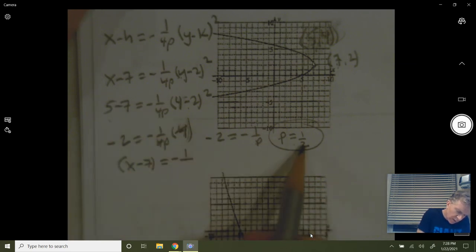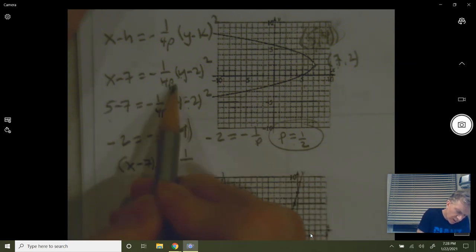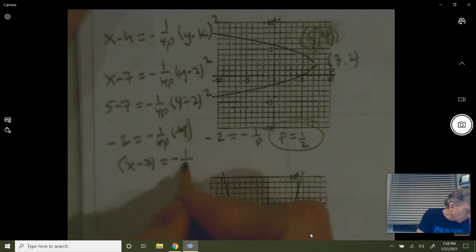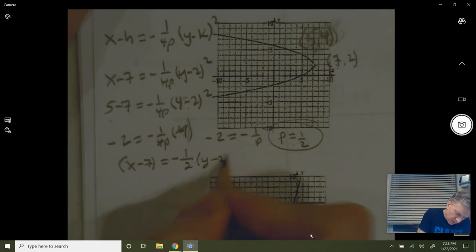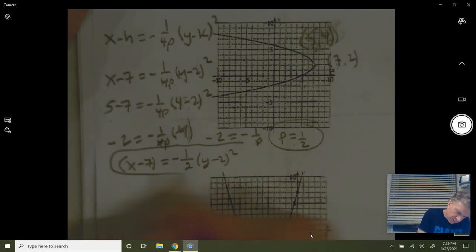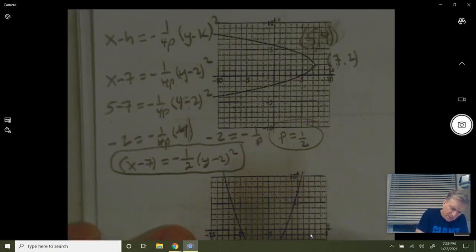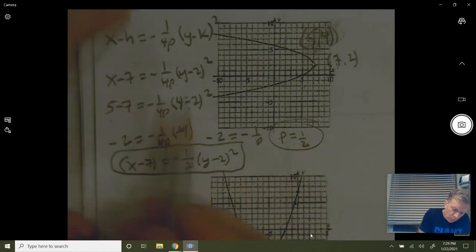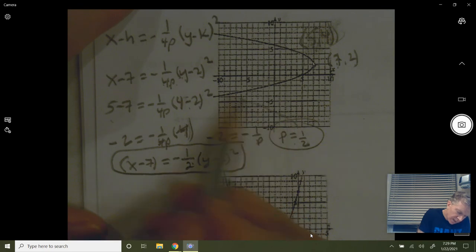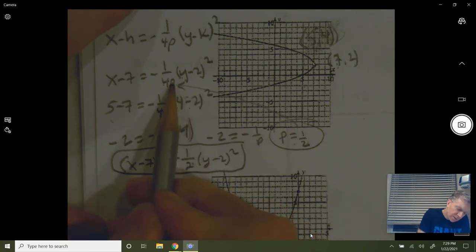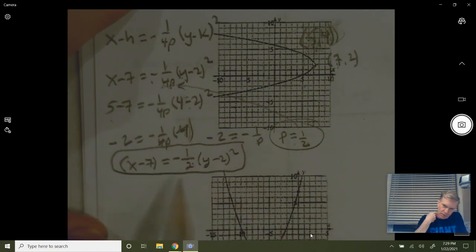So I'm plugging the 1/2 in for p. 4 times 1/2 is 2, so negative 1 over 2 times y minus 2 squared. No, don't be fooled. That's not 1/2 because you don't put the p there. It's 1 over 4p. When I plug in 1/2 for p, 1/2 times 4 is 2, which means there's a 2 in the denominator, and there's still the negative out front.